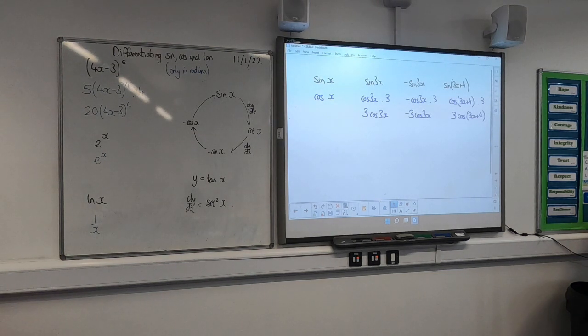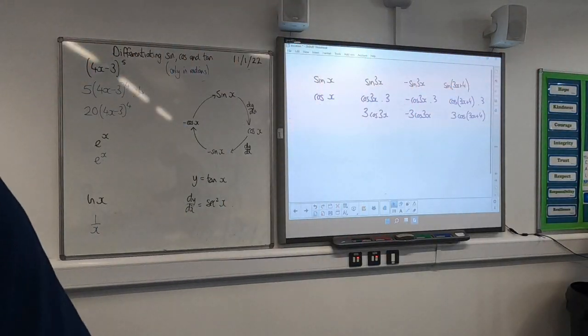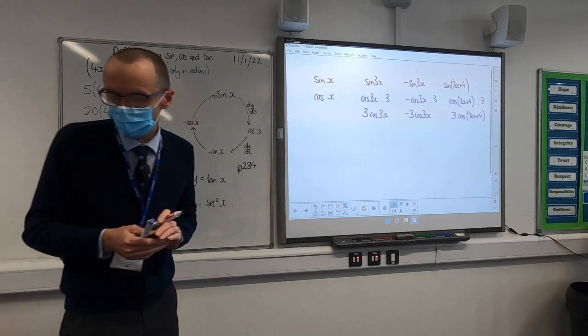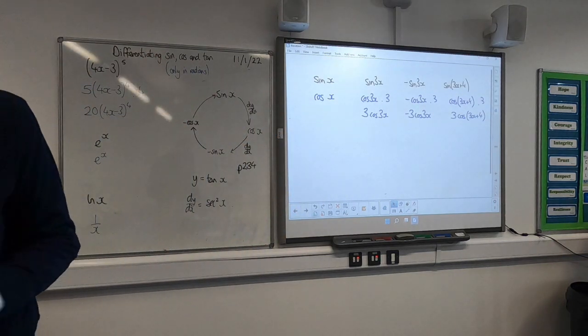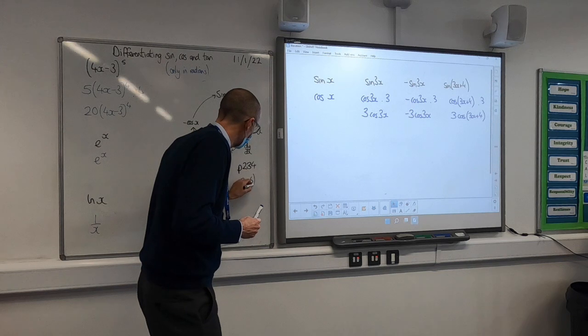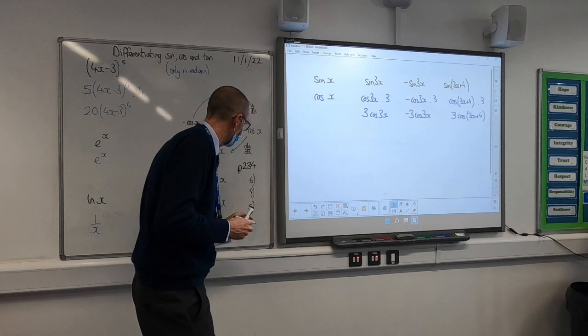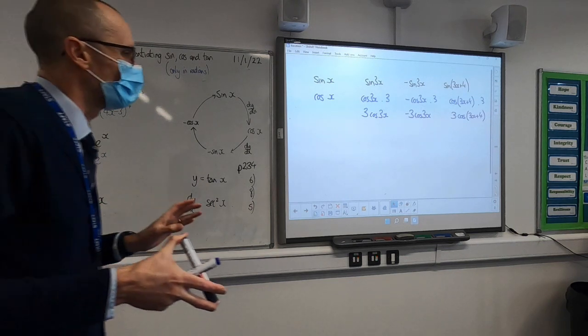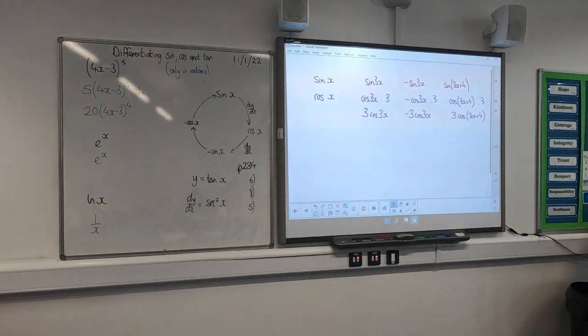So we are on page 234. Have a go on page 234, and do it in this order actually: 6 and 8, and then have a look at 5. Just 5 is a little bit more complicated. 6 is quite nice and easy, and then 8 is a bit more complicated than 5.